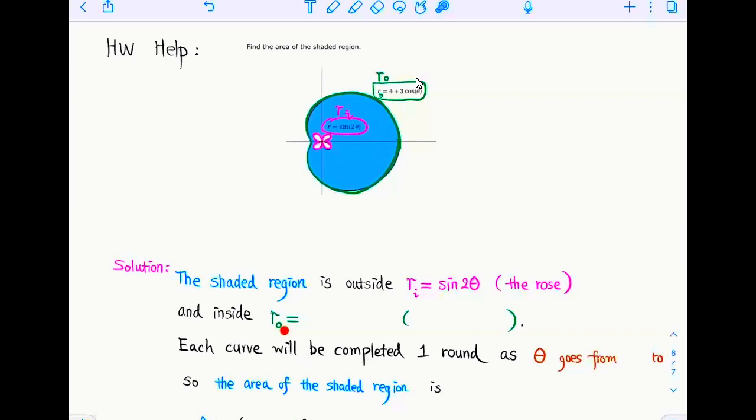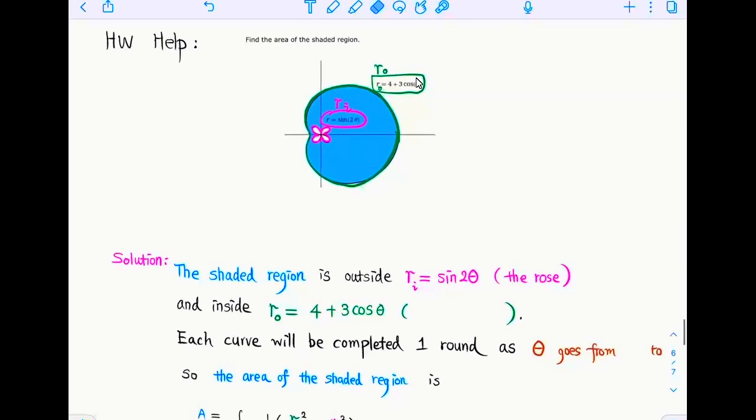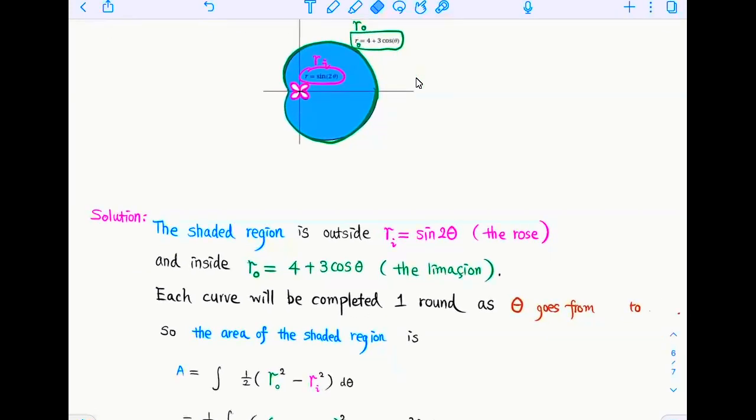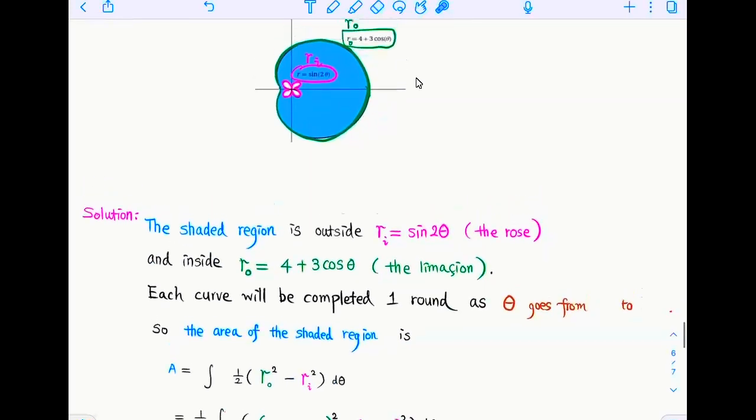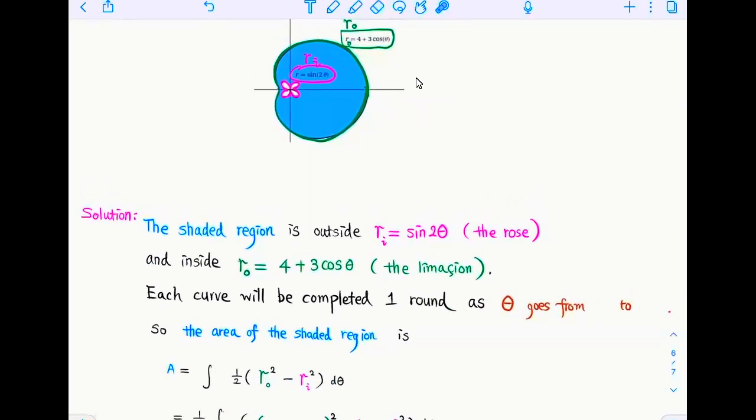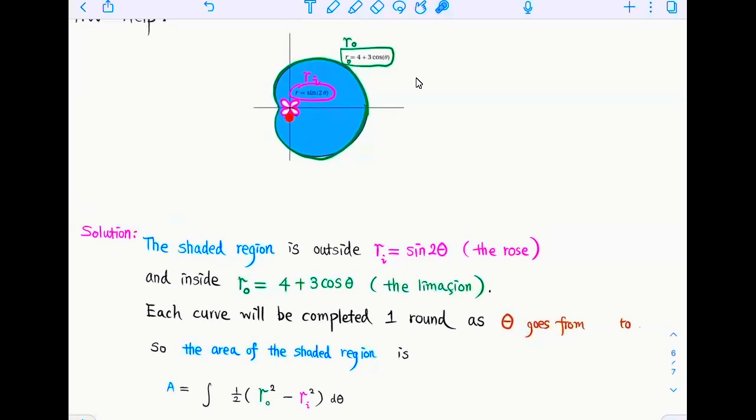So r_o here, the outer, is 4 plus 3 cosine theta, which is the limaçon. Now, once we figure out the outer and the inner, we can use the formula, but then we need to figure out the theta limits. What will be the theta in order to calculate this area?